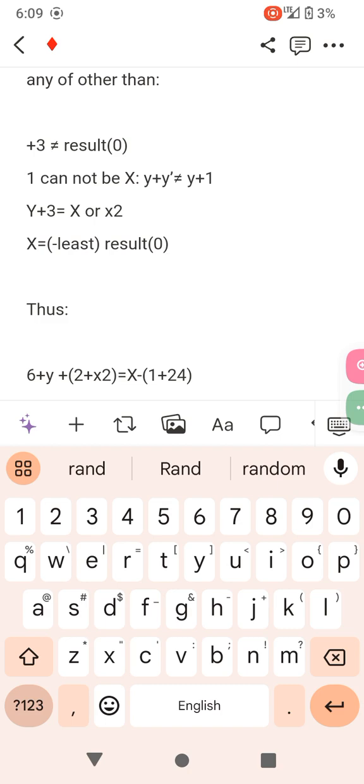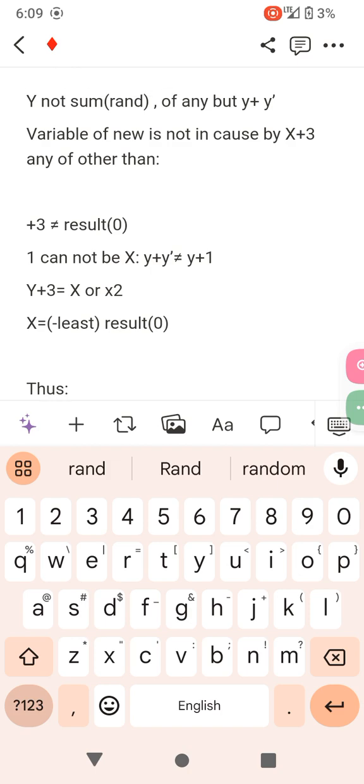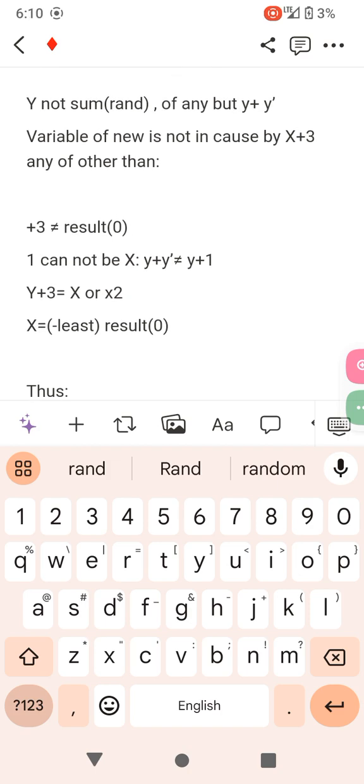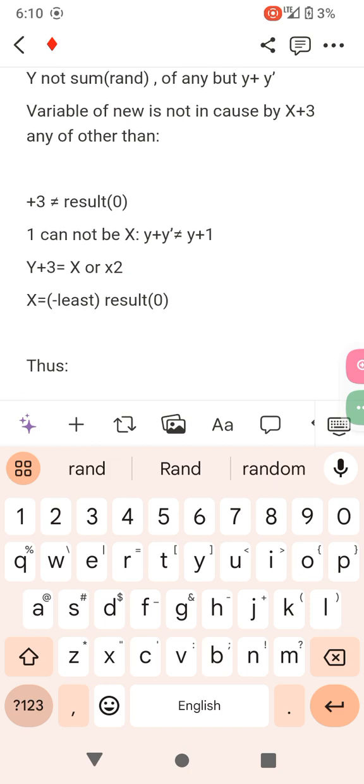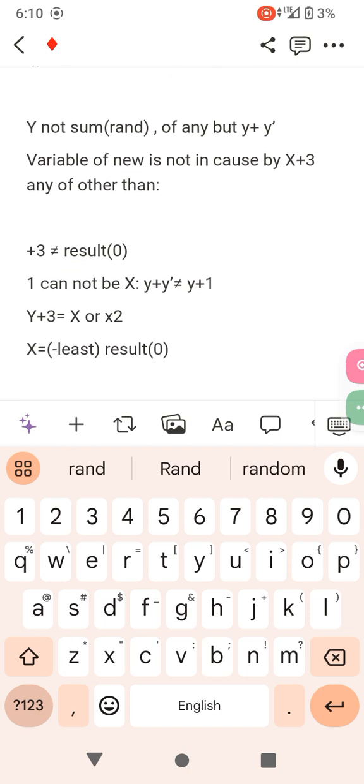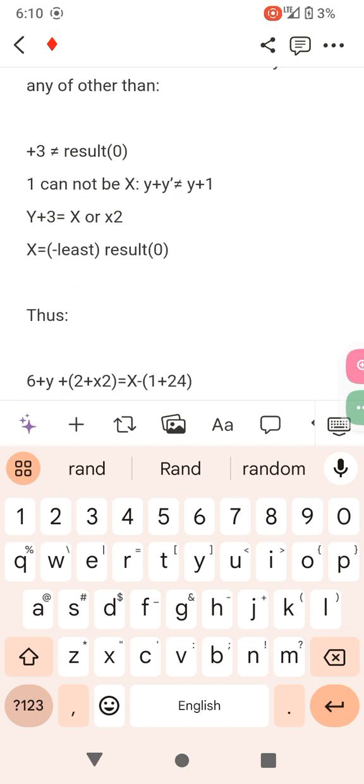x or x2 needs something that is not of random 0. Or random 0 as long as result 0 is not true. No. So epsilon plus 3, meaning y plus 3, equals x or x2. X at least result 0.